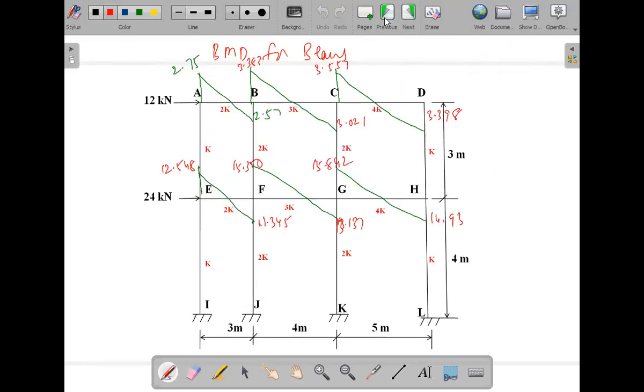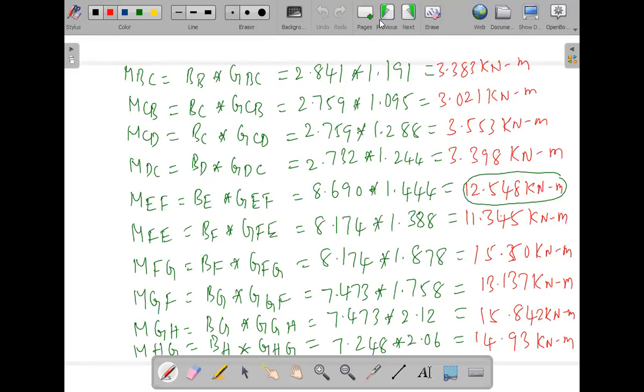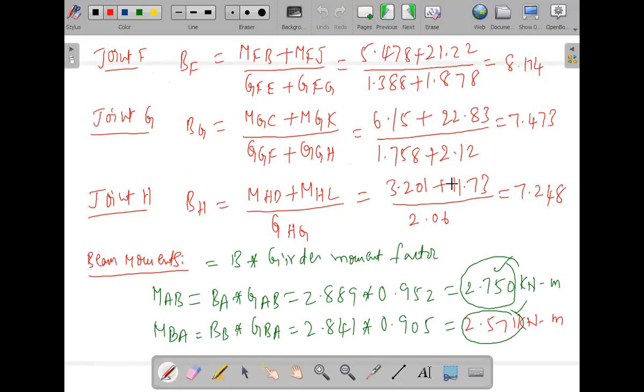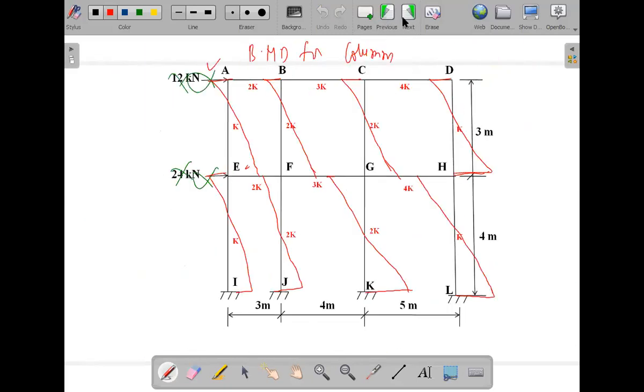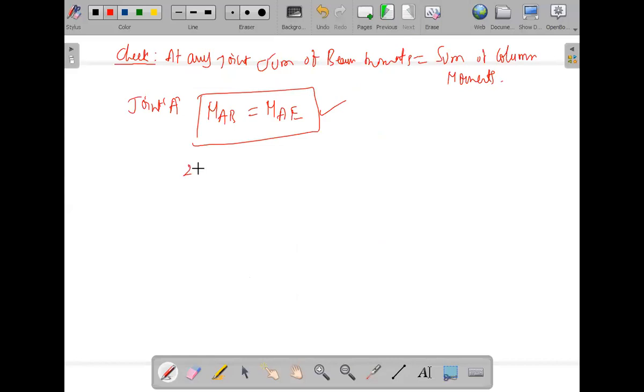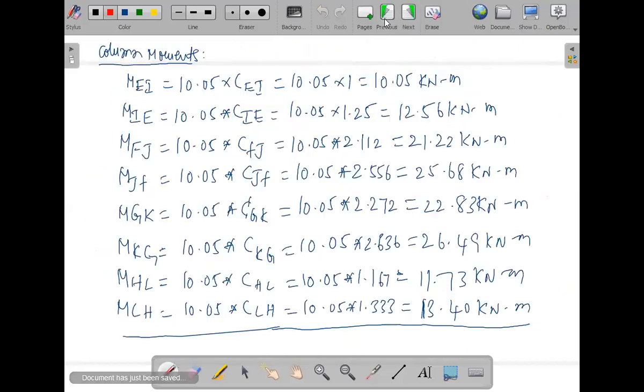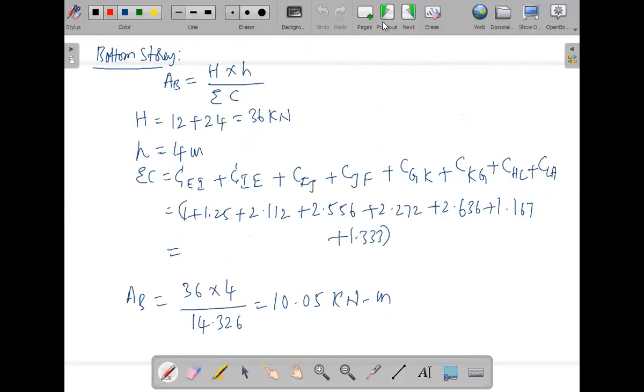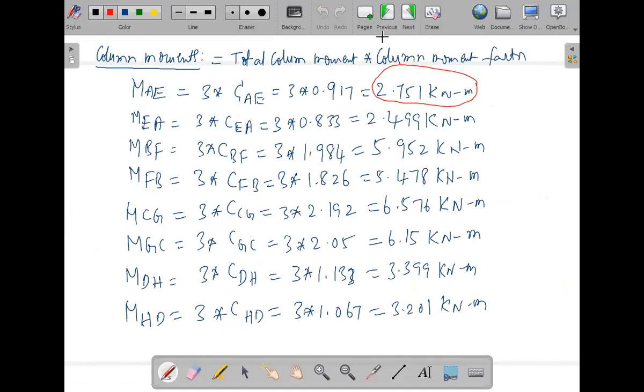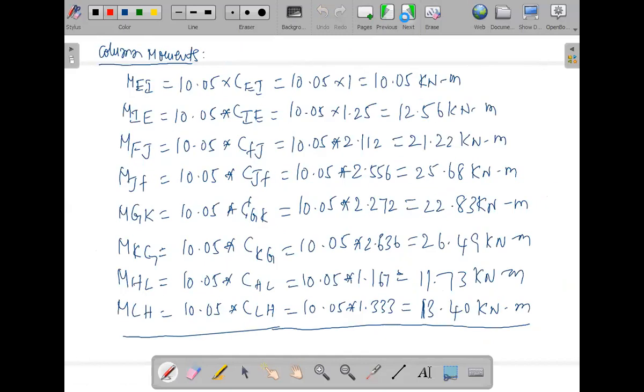See, what is the MAB value? 2.750. And the MAE value? 2.751.